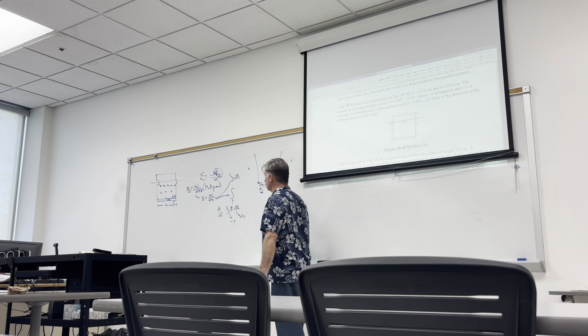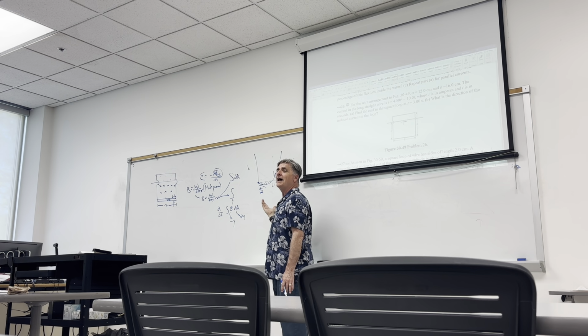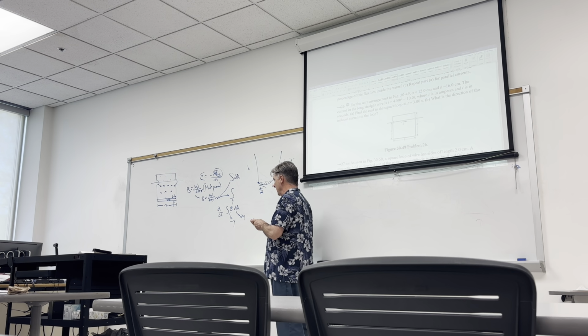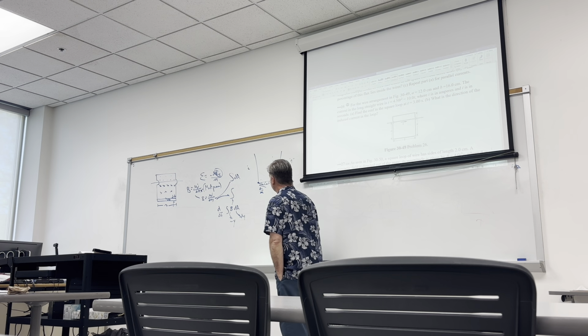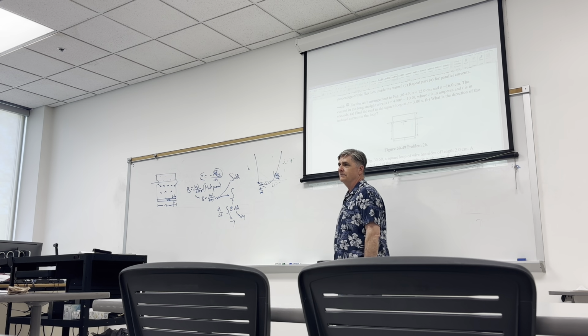Can you get the slope of this function at 3 seconds? I think you can. I have confidence in your calculus abilities to do that. And then the dI by dt will simply be the slope of this guy at 3 seconds. How do we get the slope of a function? Take the derivative. All that fun stuff. So let's do it.